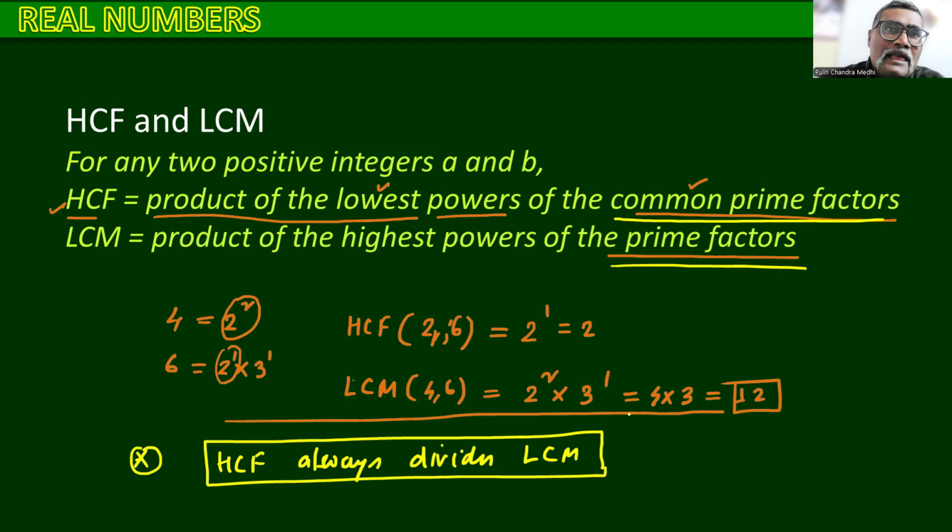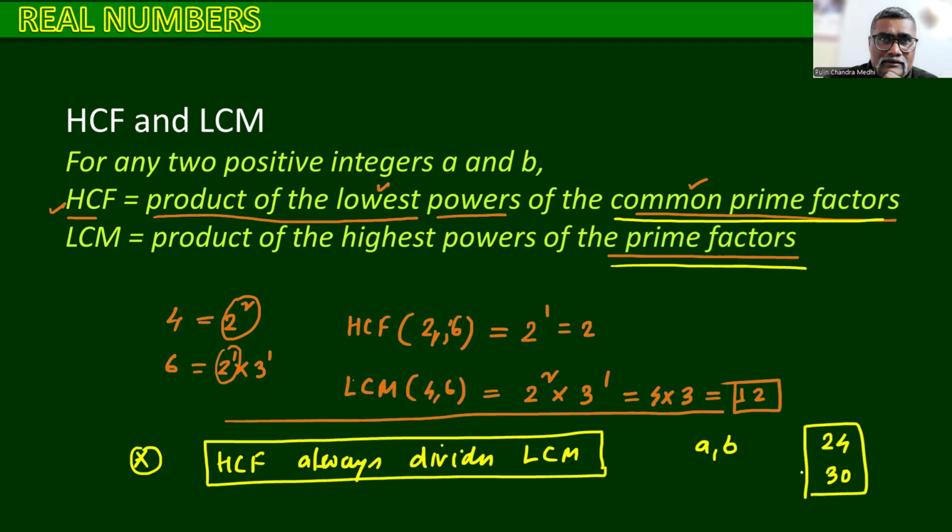Let me tell you one thing right now. You may be getting a question, because I haven't seen this kind of question in last year's paper. If I say that I have two numbers A and B, and HCF is, suppose, 24 and LCM is 30.